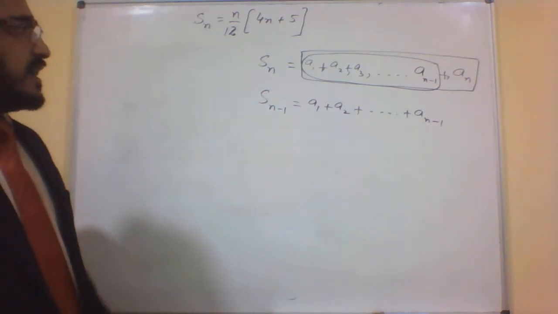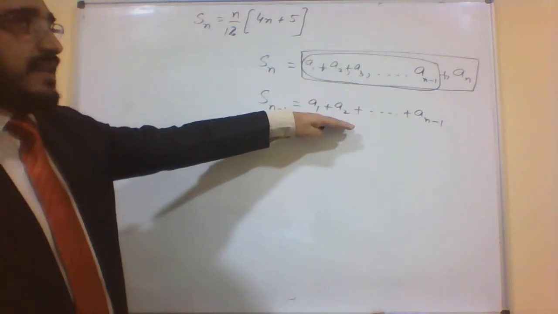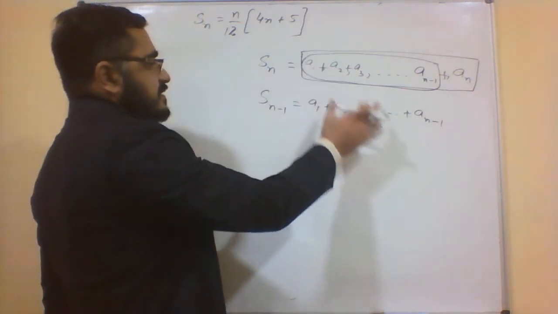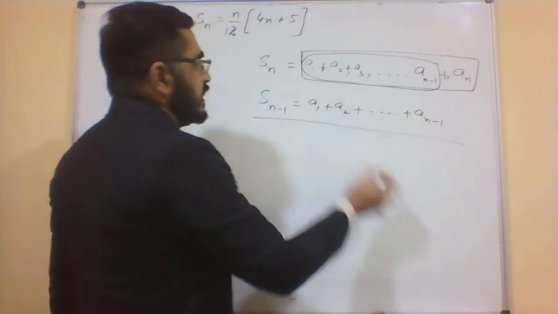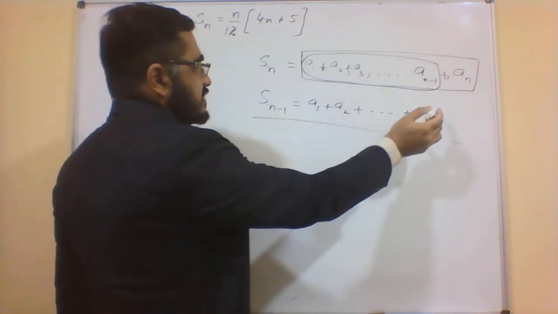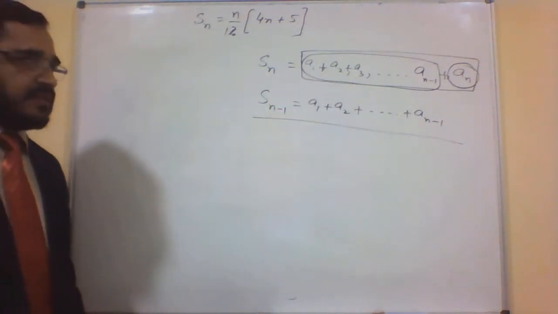It means if we subtract this Sn minus 1 from Sn, we can get this An. Here you can see, if we subtract these two, then these cancel, and up to so on An minus 1 cancels, and only An will be there.